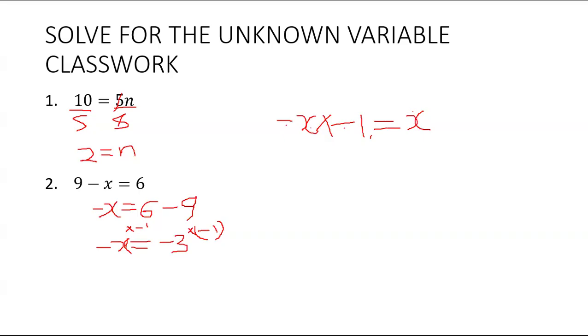So u times 1 is u. X times 1 is x. M times 1 is m. Z times 1 is z. Okay? So hence here we end up having x being equal to positive 3. That's it.